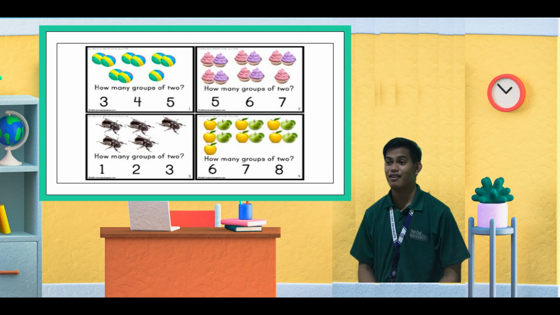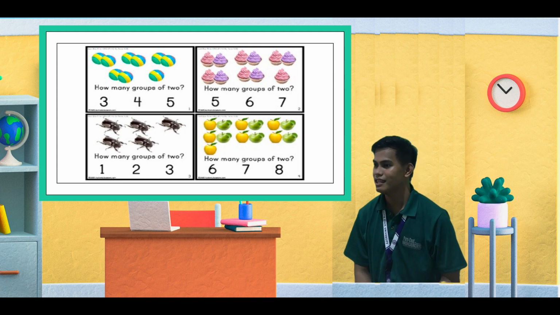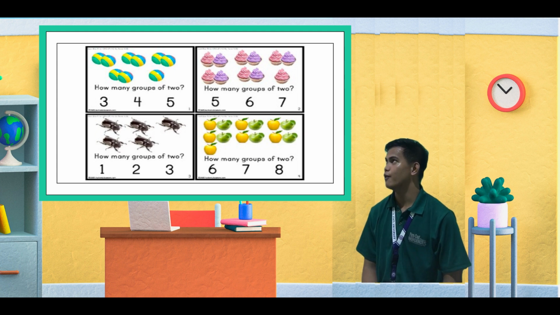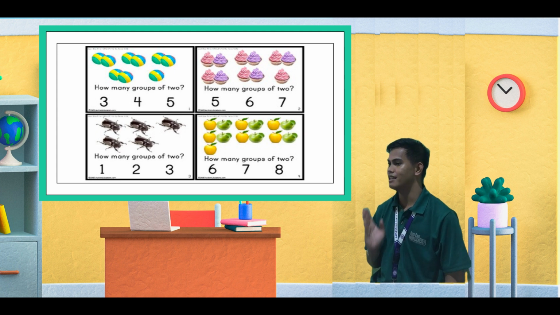So there are 4 groups of twos using the skip count by twos. So in the cupcakes, there are 1, 2, 3, 4, 5, 6, 7, 8, 9, 10, 11.